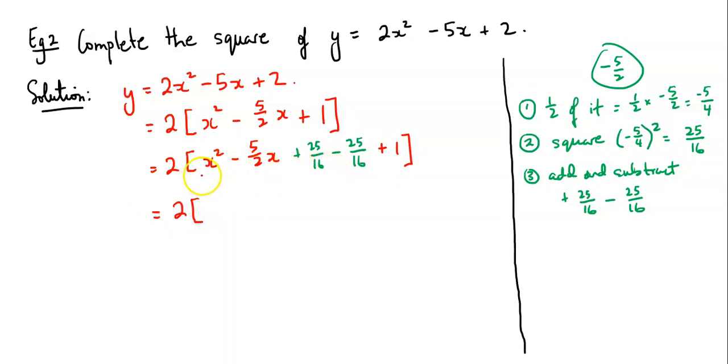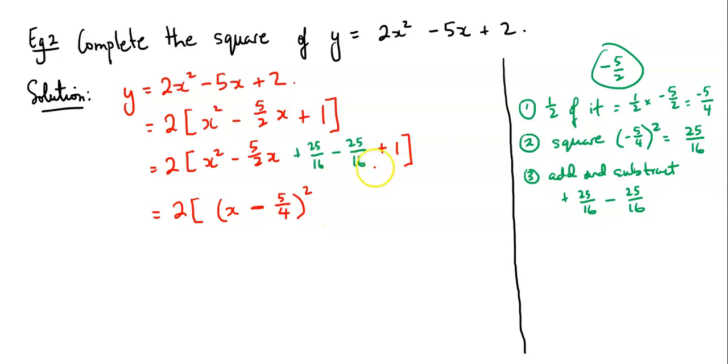Then we factorize the first three terms and evaluate the last term. The first three terms are x squared minus 5 over 2x plus 25 over 16. We put our brackets here, squared, because it's a perfect square. The square root of x squared is x, the square root of 25 over 16 is 5 over 4, and you take the sign from the second term, which is negative, and place it there. So when you factorize, you get x minus 5 over 4, all squared.